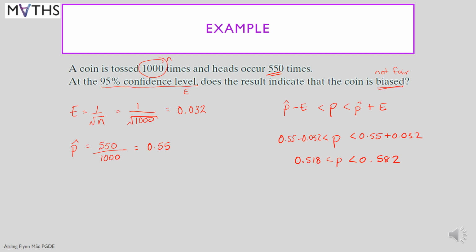So I would say this coin is likely to be biased, based on this sample, because 50% does not lie within the interval, it is outside the interval.